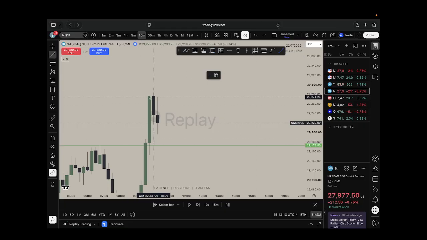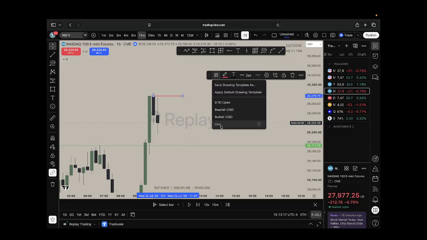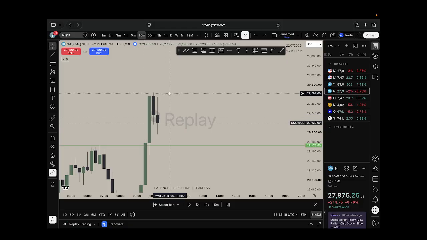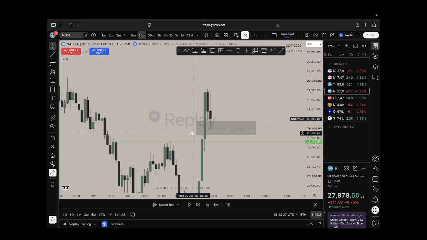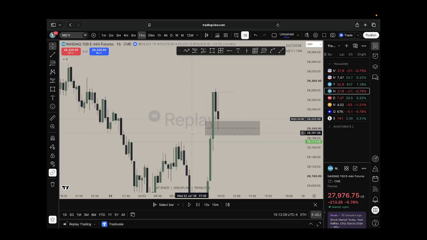First of all, you want to mark out your 10 a.m. opening price, which we have right here. 10 a.m. opening price is right here. Below 10 a.m., we create a fair value gap on the 15-minute time frame. Keep in mind we have a bullish bias, so we're looking for bullish PD arrays below 10 a.m. opening price.